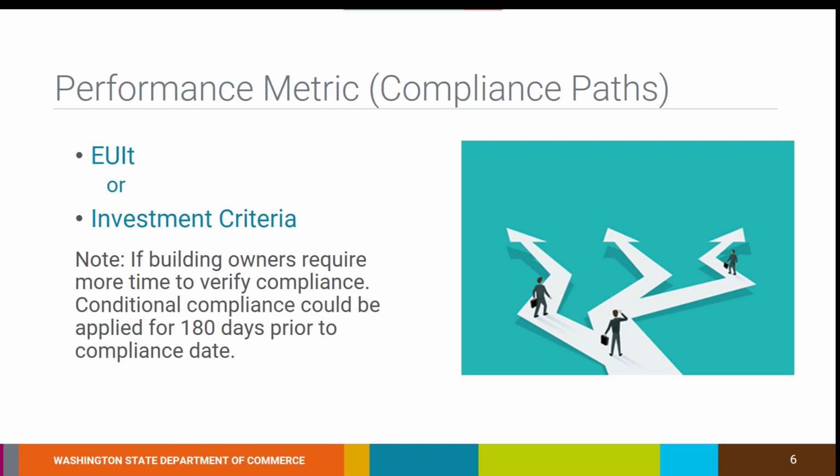In addition to implementation of an energy management plan and an operations and maintenance program, compliance requires all covered commercial buildings meet the energy use intensity target or an investment criteria performance metrics by the compliance dates noted in the previous slide.